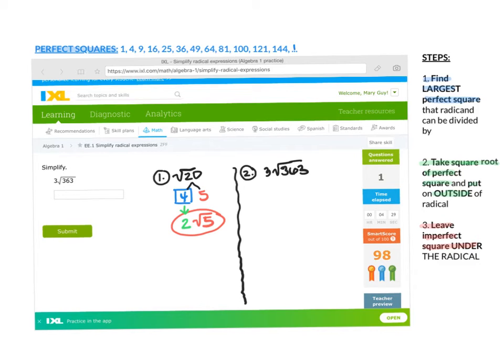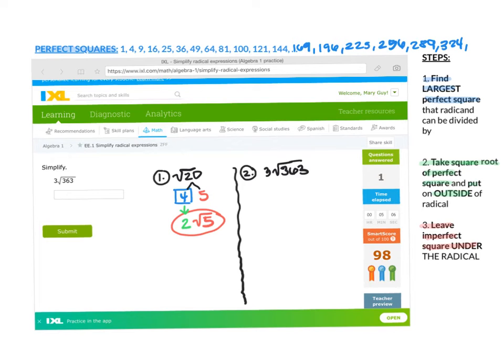I can add on to this and say we have 169. 13 squared is 169. 14 squared is 196. 15 squared is 225. 16 squared would be 256. 17 squared would be 289. 18 squared would be 324.